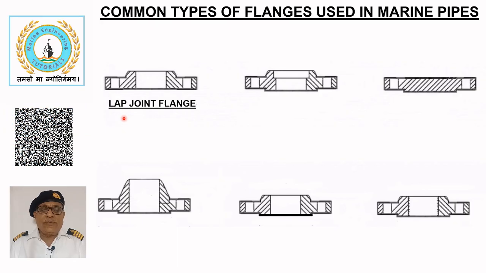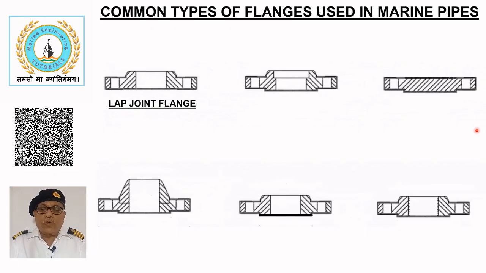Lap joint flange. It is used in conjunction with a lap joint stub end. The flange is slipped over the pipe stub end but is not attached, allowing it to rotate freely.